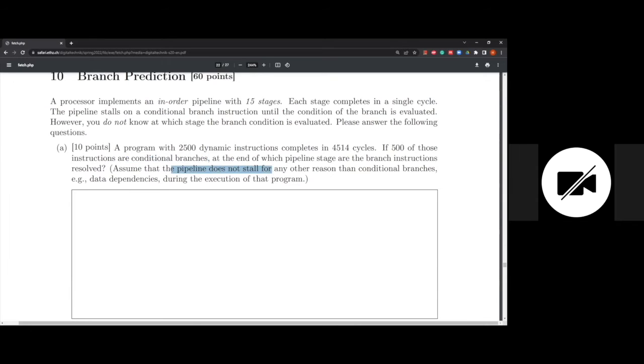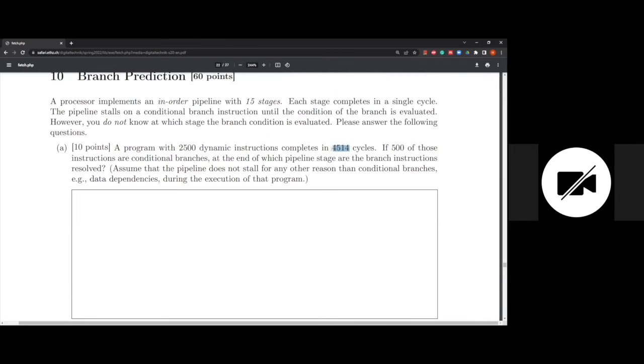We assume that the pipeline does not stall for any reason other than conditional branches; examples of other reasons are data dependencies during the execution of the program. So the only reason for a stall in the pipeline is the conditional branches. Okay, so how do we calculate the cycles for a given program?